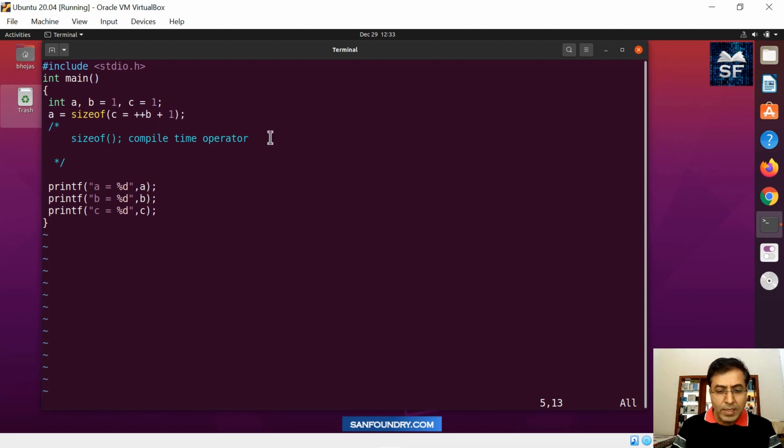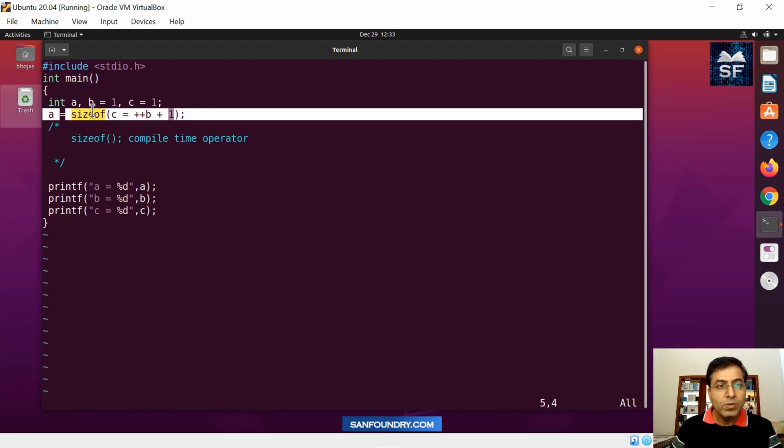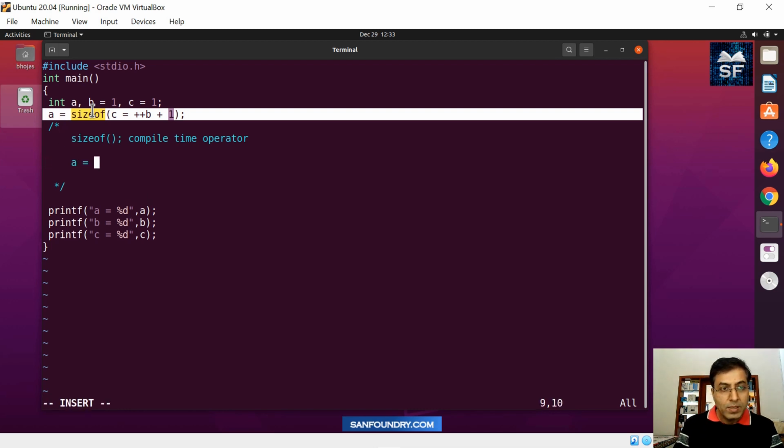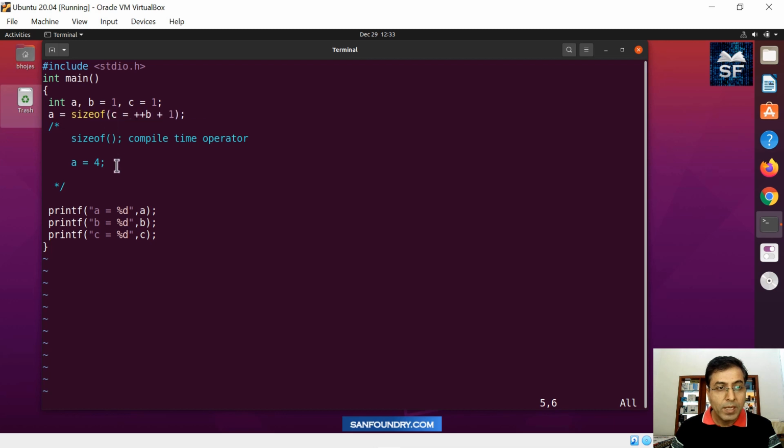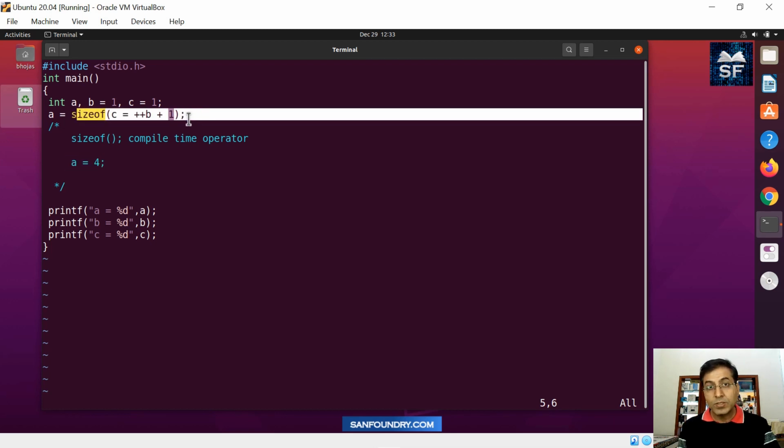So ultimately, when you look at this line of code, it basically reduces to a very simple line during runtime. I repeat, this gets reduced to a very simple line during runtime because this entire thing will be replaced during compile time by its value, because the compiler has done the job.